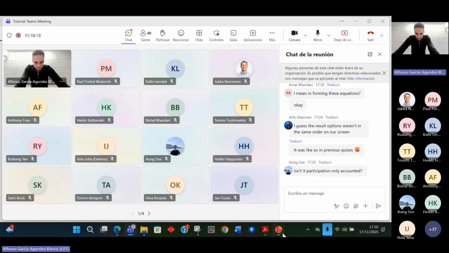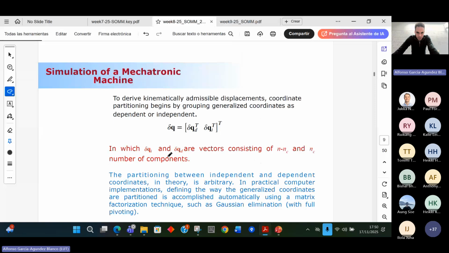Okay, so let's start. What is the idea? As mentioned, I want to reduce the number of equations. So from Q, I'm going to reduce the equations to a number that is Qi, where Qi is called independent coordinates. And this number of independent coordinates is equal to the number of degrees of freedom, okay?